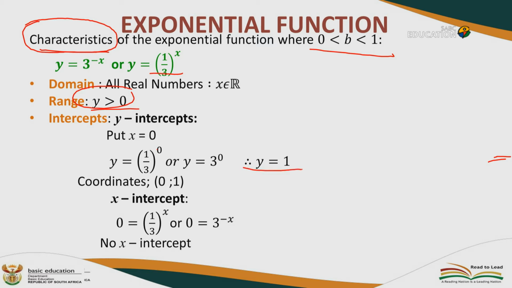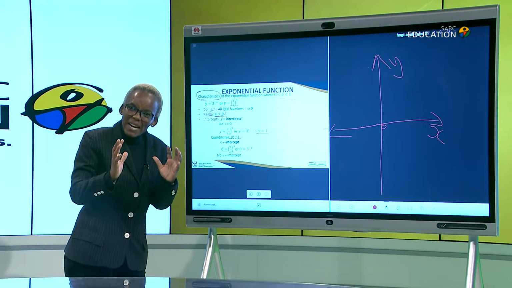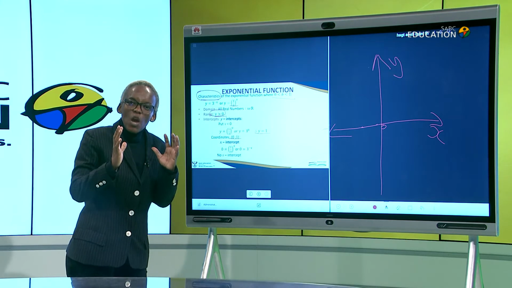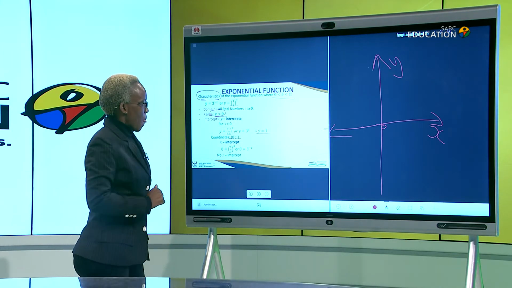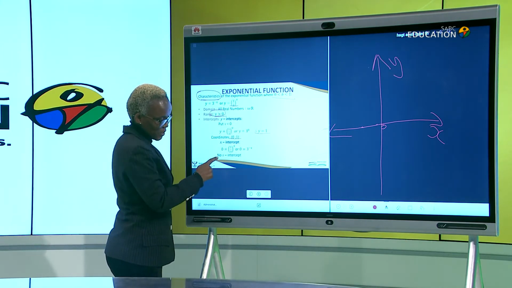Now, what are our coordinates? Our coordinates will be 0 and 1. X is 0, y is 1. So those are the coordinates of the y-intercept. That is where our graph will cut the y-axis. Now, the x-intercept.